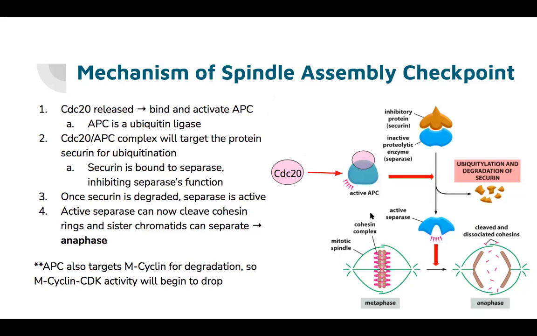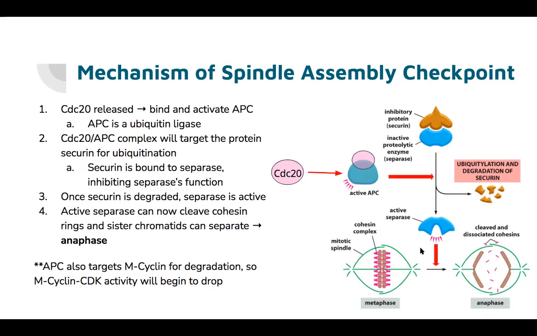This is securin, and it's bound to separase right here in blue, and it inhibits separase's function when it's bound. So the presence of the active APC complex causes the securin to be degraded by ubiquitination. Once it's degraded, separase is able to have a conformational change, and it becomes activated.